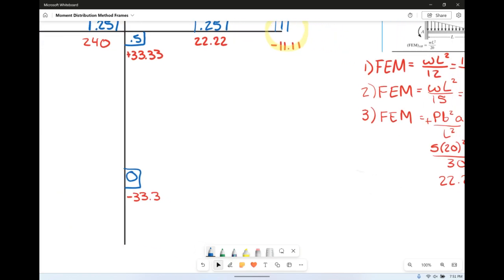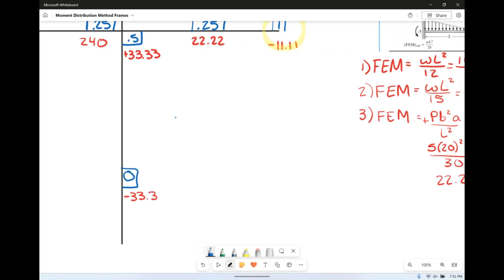So over at joint C, we need to do the following. We need to figure out how much we are out of balance, what's the new balance value, what's the distributed moment, and what's the carryover. So our out of balance number is the sum of all of the things in that column, which is literally just negative 11.11.